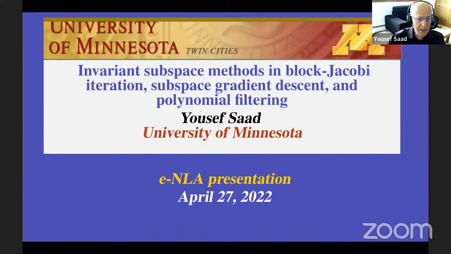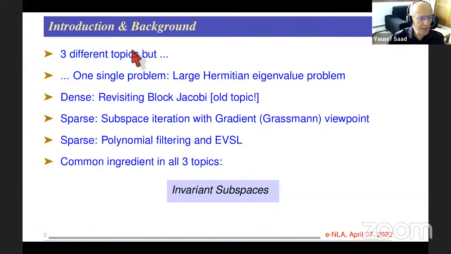What I'll be talking about, as you can see from the title, are three different topics, but they all relate to one single problem, which is the large eigenvalue problem, the large Hermitian or real symmetric eigenvalue problem. We'll be talking about the block-Jacobi method, an old topic. I will also be talking about subspace iteration, as well as polynomial filtering a little bit towards the end if I have time.